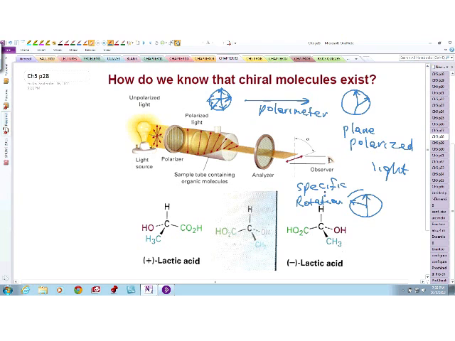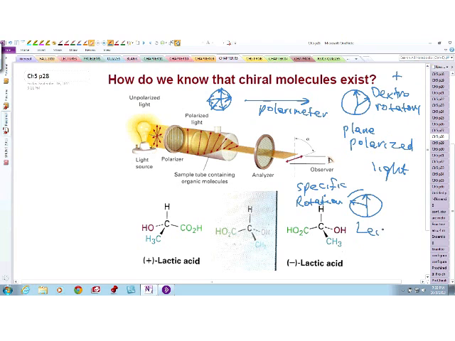Now, if you have two enantiomers in the sample, what do you think will happen? One of the enantiomers rotates the light to the right, which we call dextrorotatory. We'll give this a sign of plus.